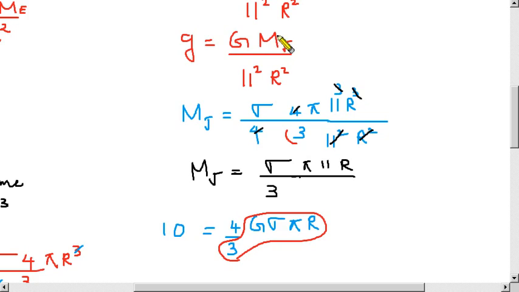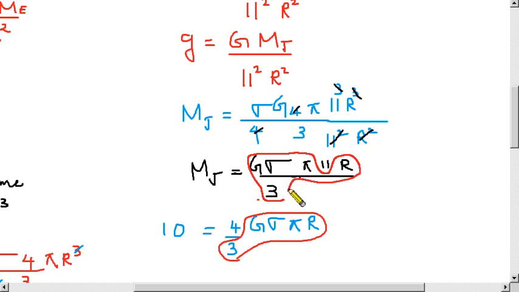What happened to G here? I haven't written G here. This G must be here. I had forgotten. G must be here. So G is there, sigma is there, pi r. Here, let us use this black color one. So there also we have to write G. Nothing happened to G. So 3 is there, G is there, sigma pi without 11, this r.